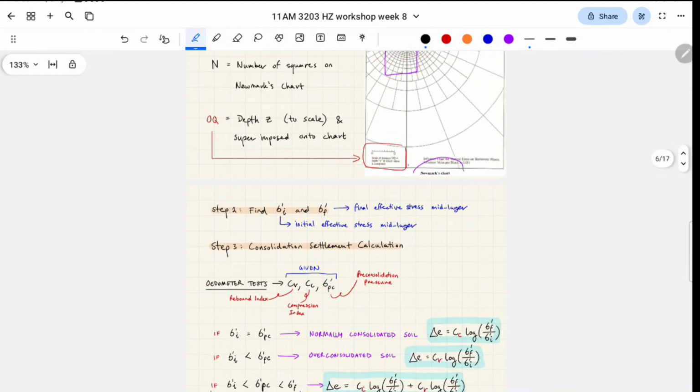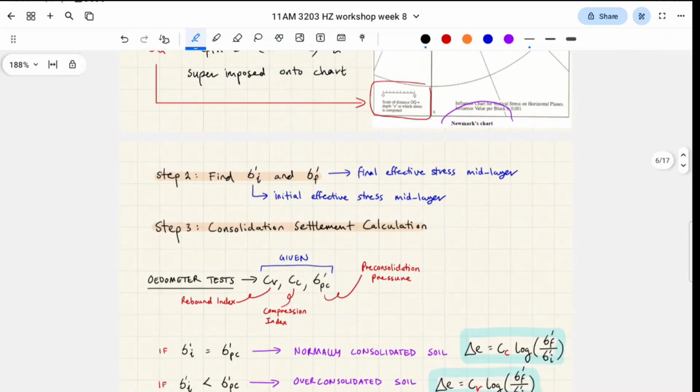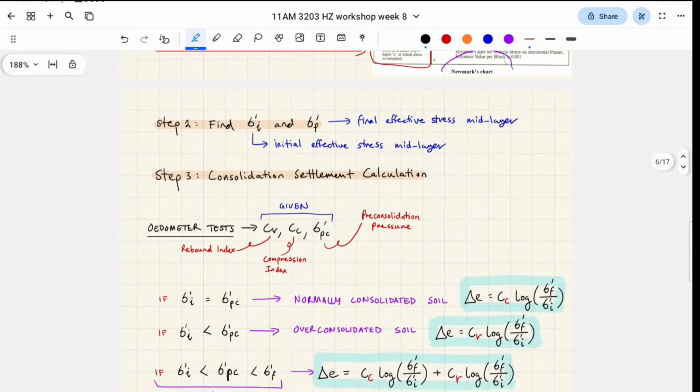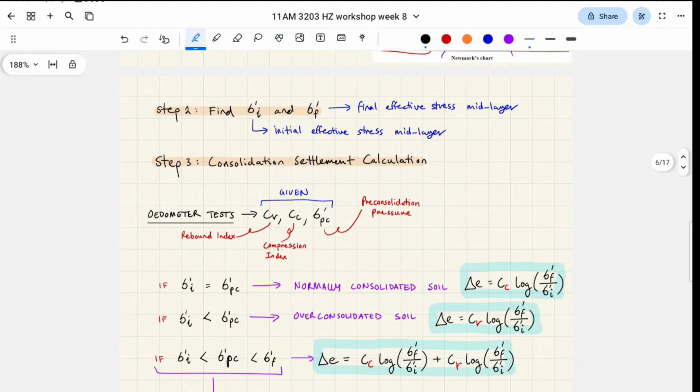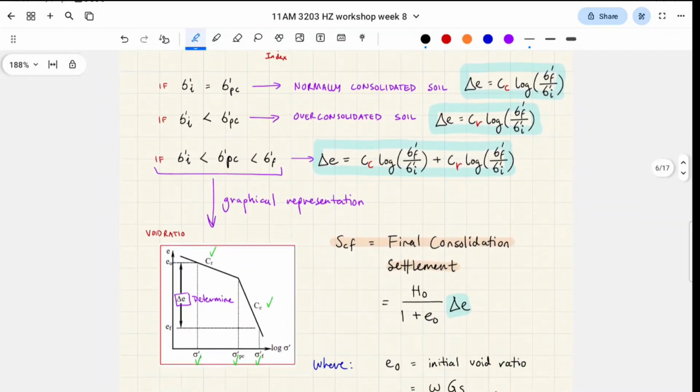So that's just step 1, finding the stresses on a soil, okay? Next, we're going to find the initial and final stress at that point that we've sampled. What I mean by initial and final stress is before and after you install a potential footing, because this will plug into our graph.